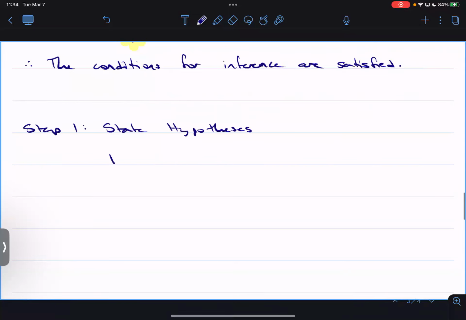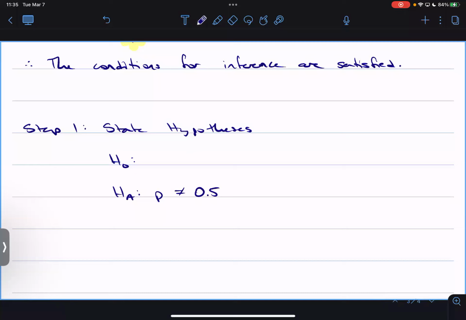What's really nice is we already said the alternative hypothesis is that P is not equal to 0.5. Right? So we're going to have some sample proportion and we want to see, okay, is it significantly different from 0.5?